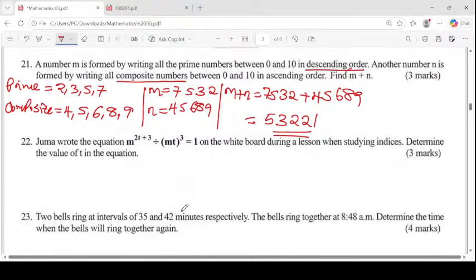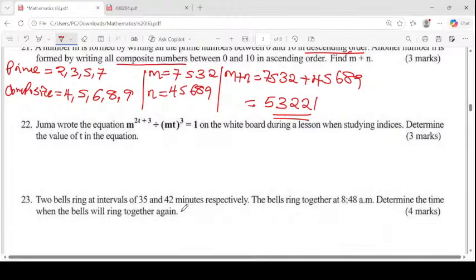Juma wrote the equation m power 2t plus 3 divided by mt cubed is equal to 1 on the whiteboard during a lesson when studying indices, then he said find the value of t in this equation.